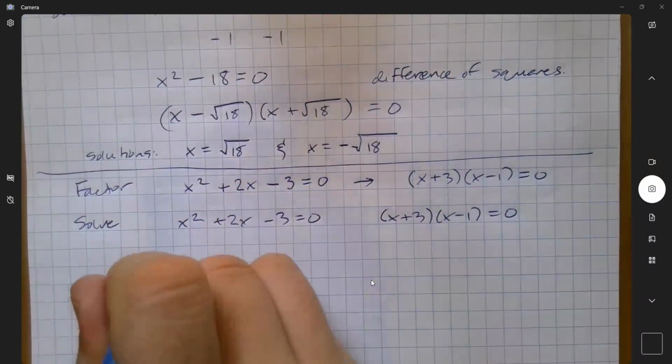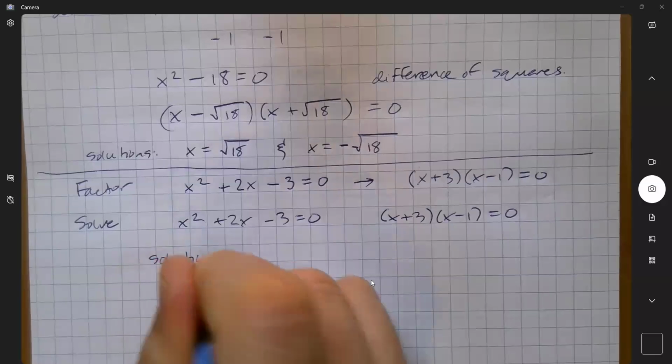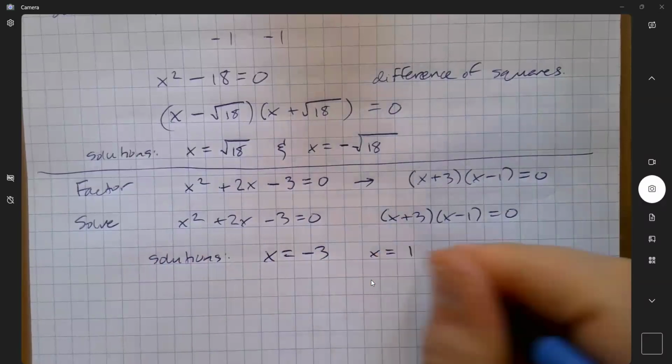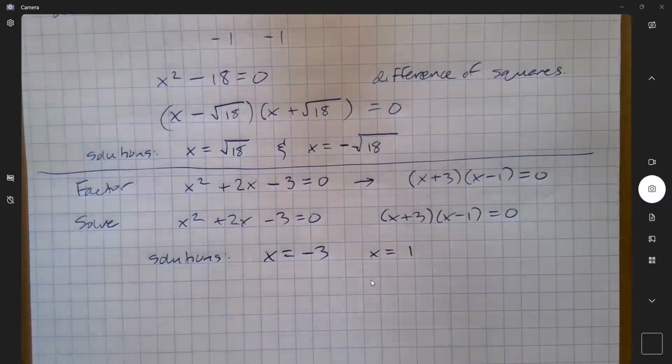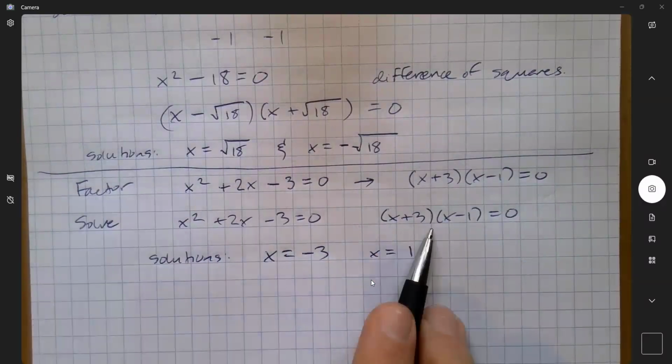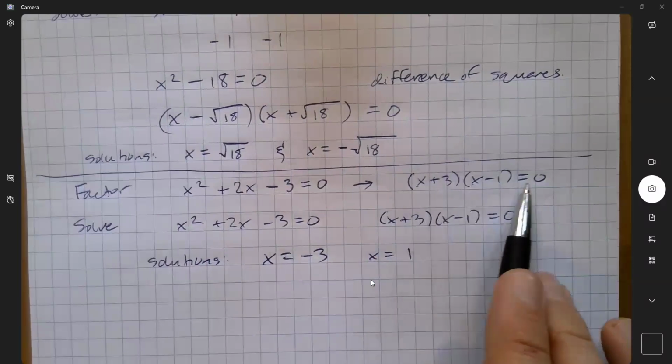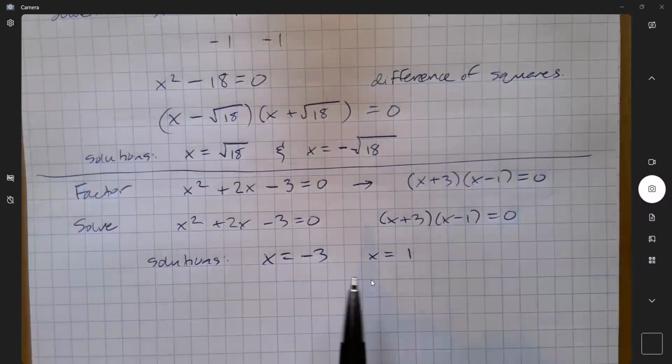But you are not done until you identify the actual solutions, x equals -3 and x equals +1. So factoring and solving are different expectations. If I want you to factor it, you get to stop in the factored form. If I want you to solve it, you have to actually tell me the x values that make it 0. You have to go all the way to this step.